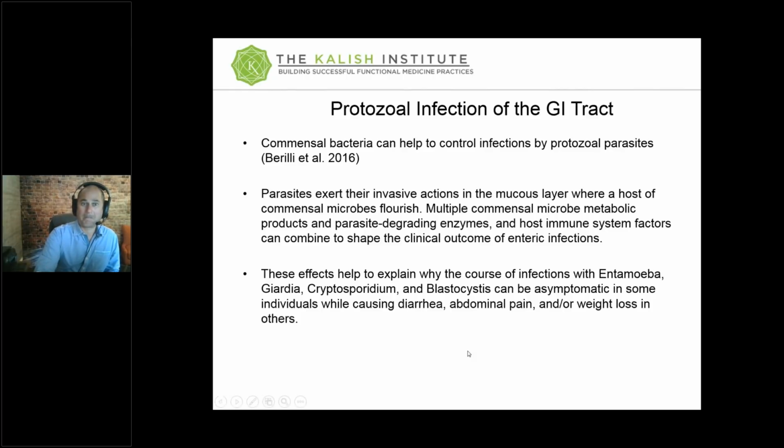And you will find that, and this is a good point here, it's worth highlighting, parasites exert their invasive actions in the mucosal layer where a host of commensal microbes flourish. Remember, this is back to the neighborhoods from the first talk.